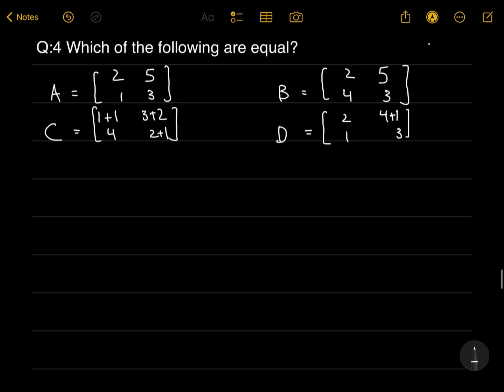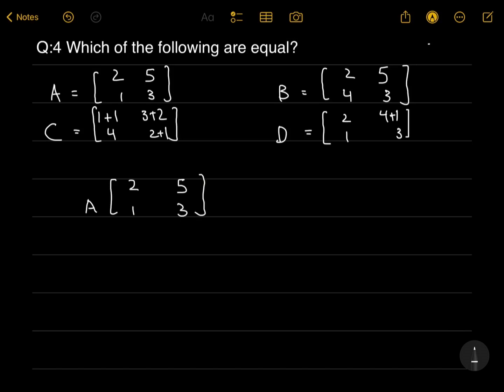Okay, let's match matrix A and B. Matrix A and B are not equal, as we said. Let's find matrix A and C. A is this and C is this. In A it's 2 5 1 3.